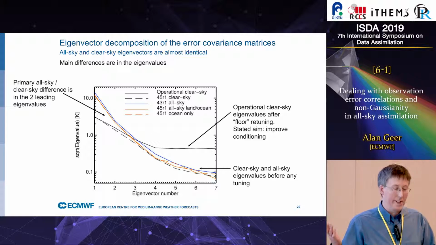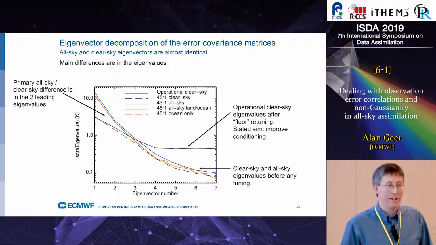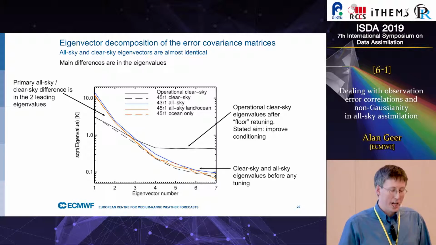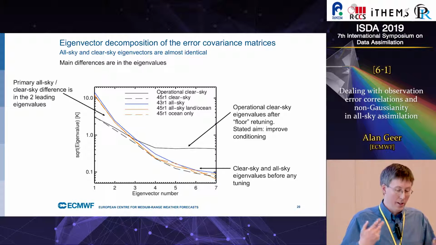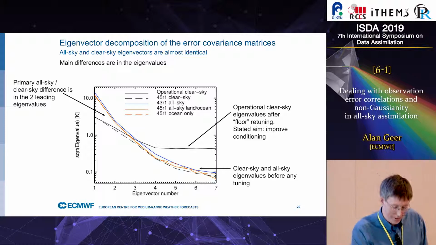The colored lines here are all-sky error covariance matrices, and the black lines are clear sky error covariance matrices. The eigenvalues are much larger, mainly in the leading eigenvector and the second eigenvector partially. So essentially what's happening is that the leading eigenvectors are projecting most of the cloud signal, and that's because the leading eigenvectors are essentially seeing the correlated signal across all the different channels. All of those channels are sensitive to cloud.